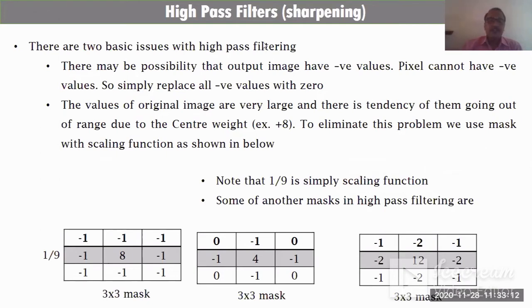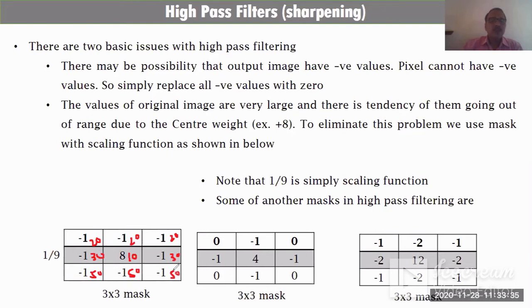For example, suppose we use the mask and consider this is our 10 value pixel. Then this will be 20, this will be 20, this will be 20, then this will be 30, this will be 30, this will be 50, this will be 50 and this will be 50.